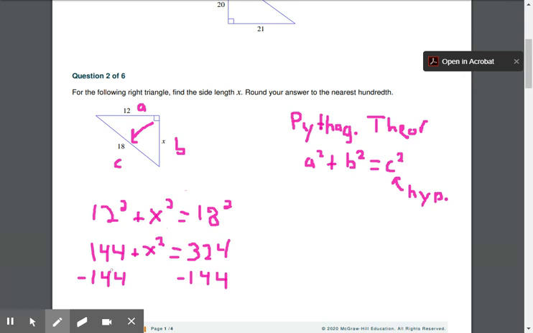So 324 minus 144 is 180. These will cancel. So we have x squared is equal to 180. And then just like last time, to get x by itself, we'll now do square root.